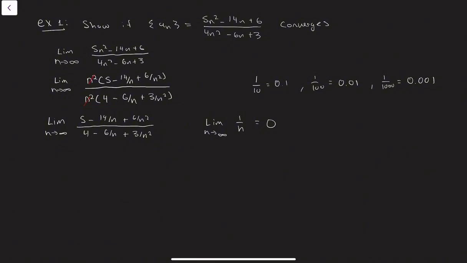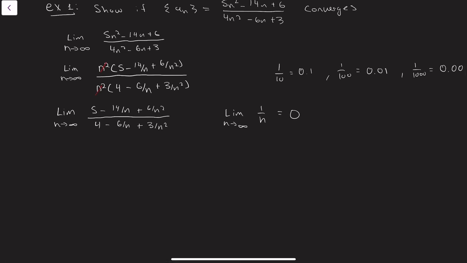And that's the same for any kind of number over n. So in our limit, we have 14 over n, 6 over n squared, 6 over n, and 3 over n squared. If we plugged in infinity in the denominator of those parts of our expression, they would just approach 0.